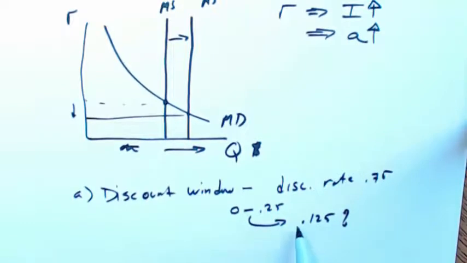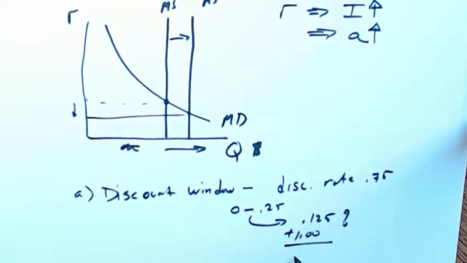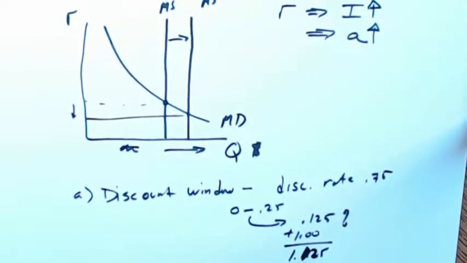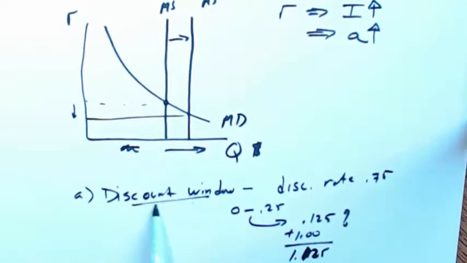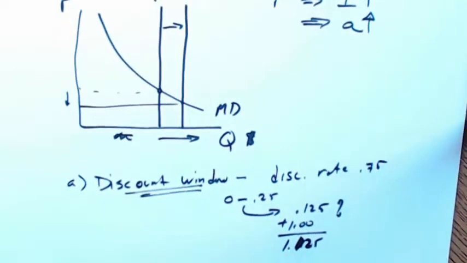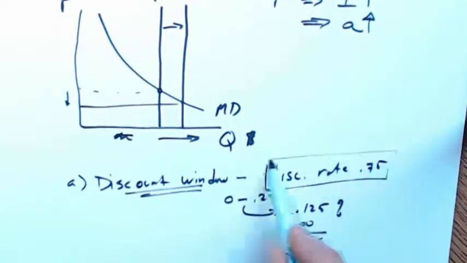And so what typically happens under normal conditions is the Fed often will tack on 1% on top of that to make it 1.125% for the discount rate. But in today's environment, they've set the discount rate at 0.75, so as to entice banks, if they need to, to come to the window.